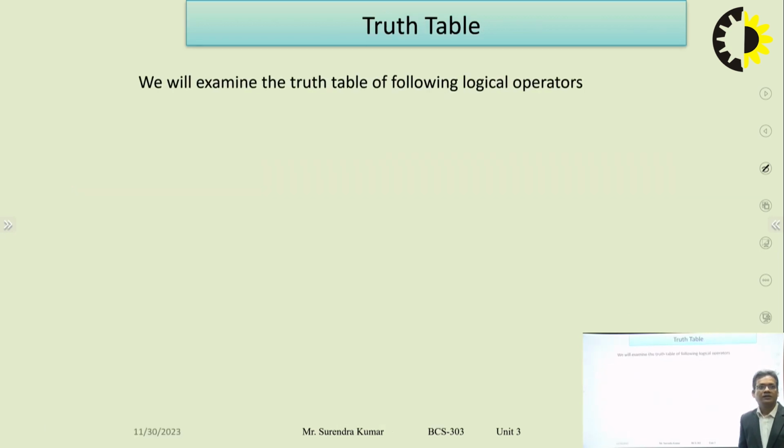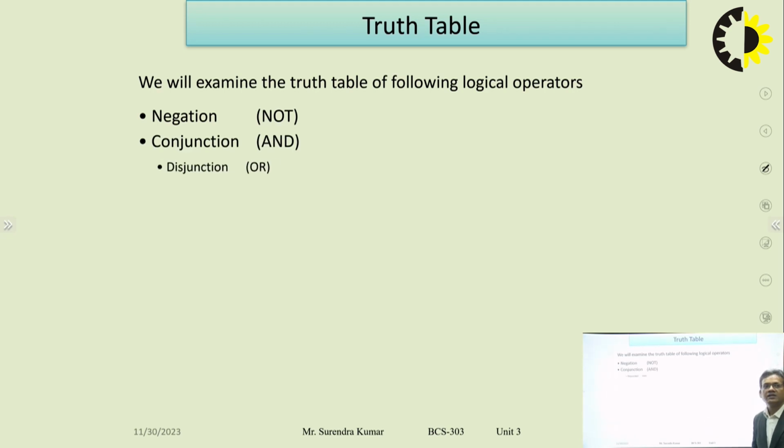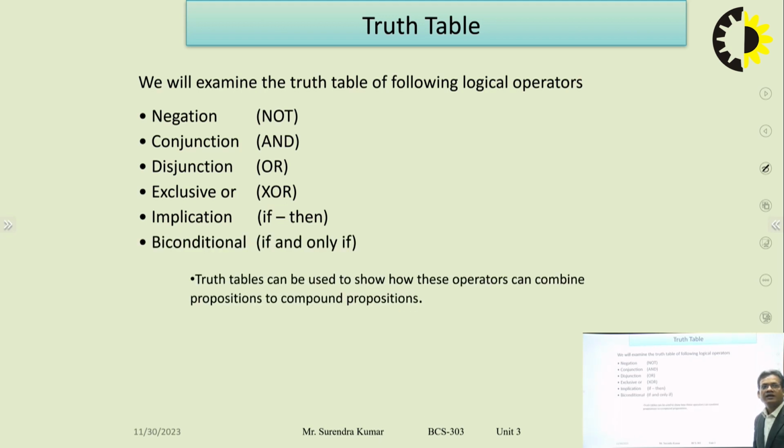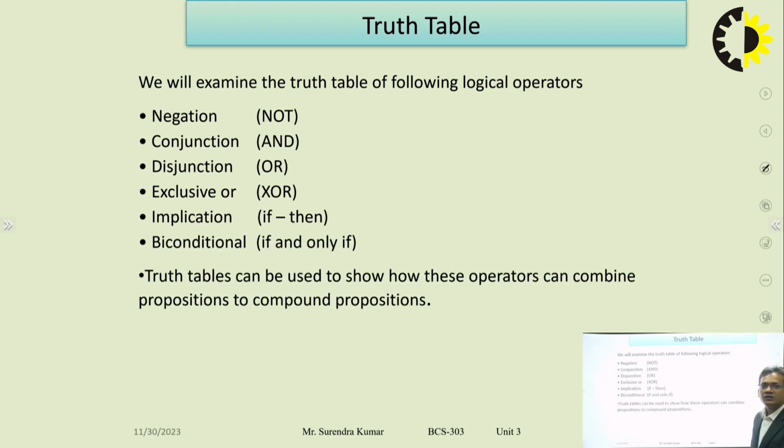Now, if we talk about the truth table, so truth table is basically we will examine the truth table with the following logical operators which we already have discussed: negation, and, or, exclusive or, implications, biconditional, right? So here one thing, XOR. So we will discuss one by one the truth table of these logical operators, right?